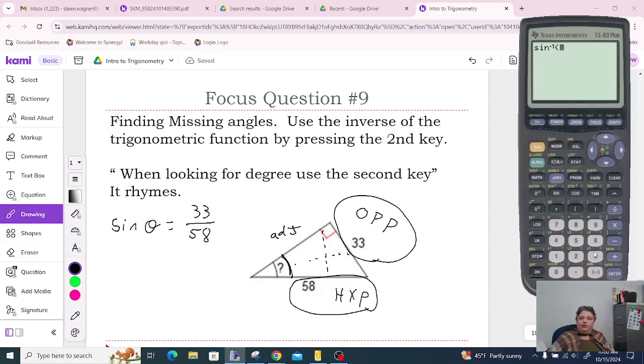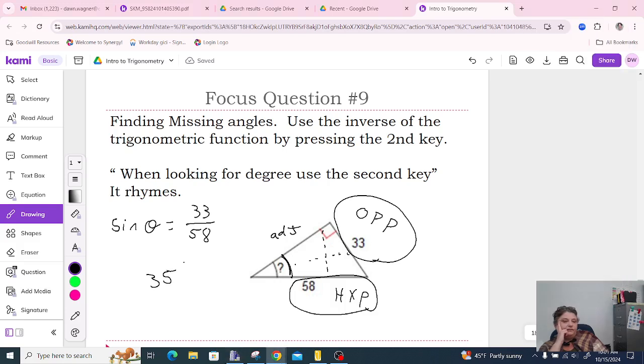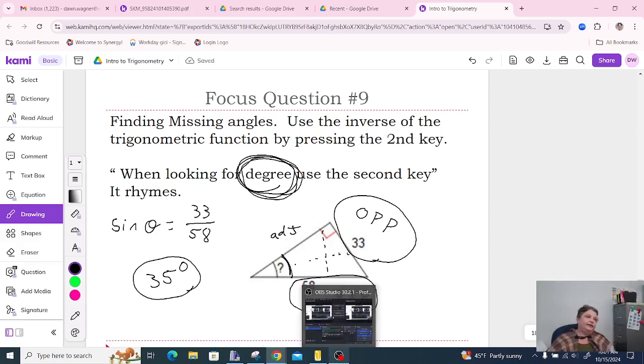Okay, and then I go 33 divided by 58, and then I press enter, and that would be the degree. Here, it usually says round to the nearest whole number for degree instead of tenth. So I would label this as about 35 degrees. So when do you use the second key? To find the degree. For find the degree, you use the second key.